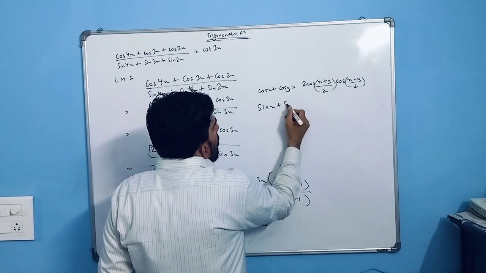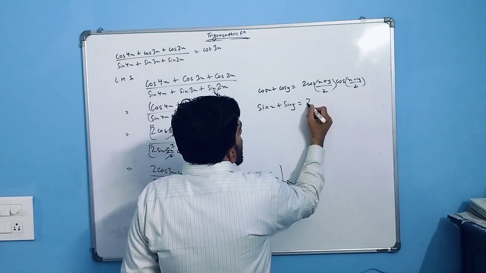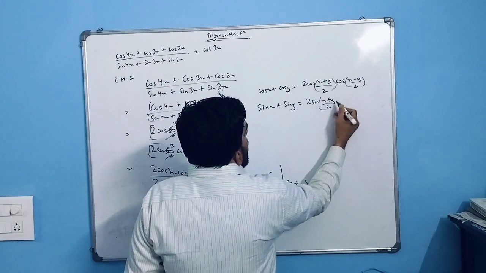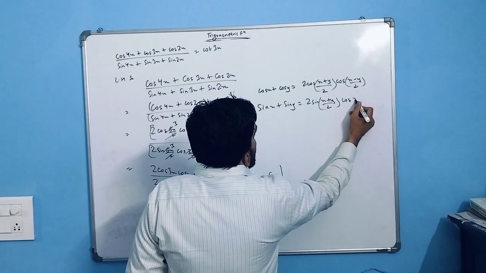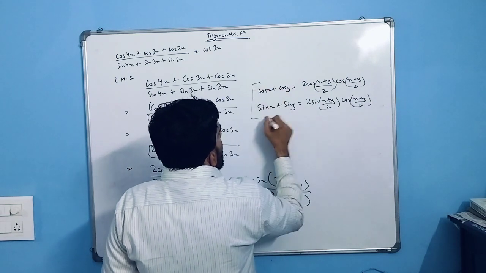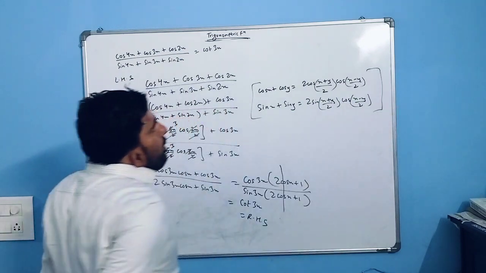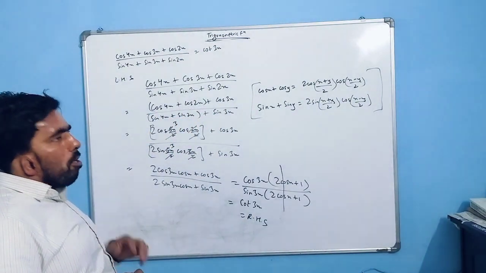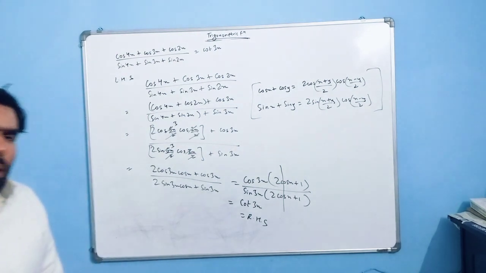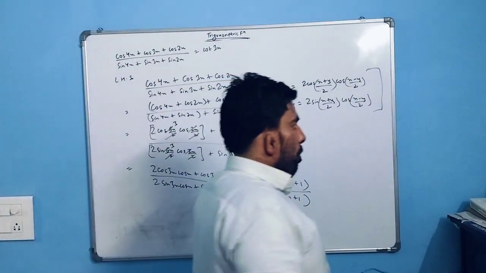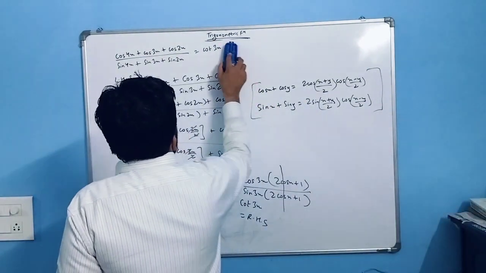Sin x plus sin y is 2 sin (x plus y)/2 cos (x minus y)/2. So these two identities I have used in this numerical. Now we'll solve the next one. Now we'll try to solve more numericals here. Let us see.